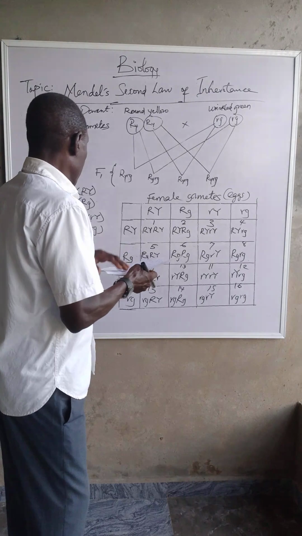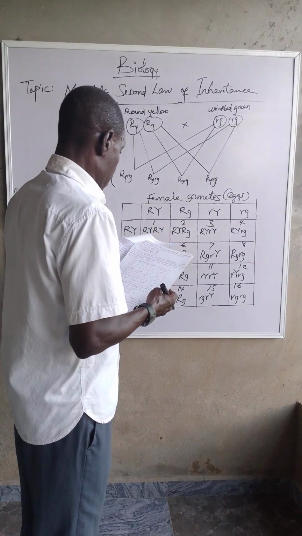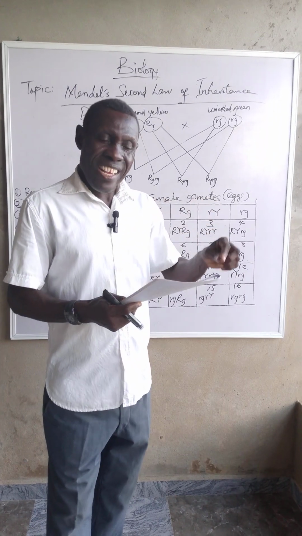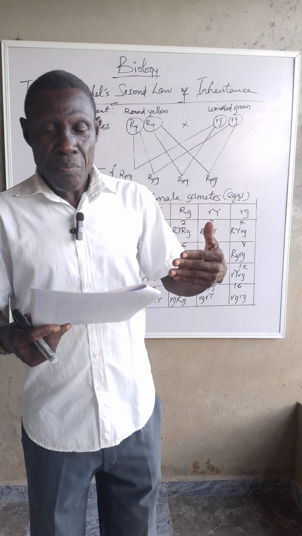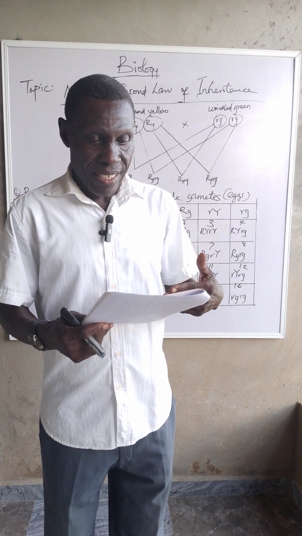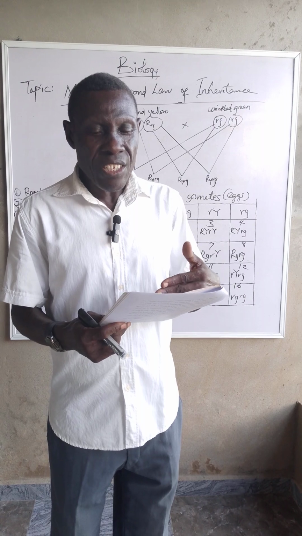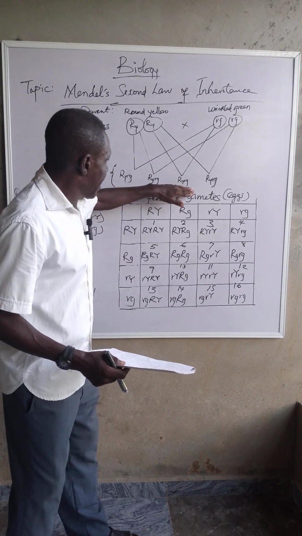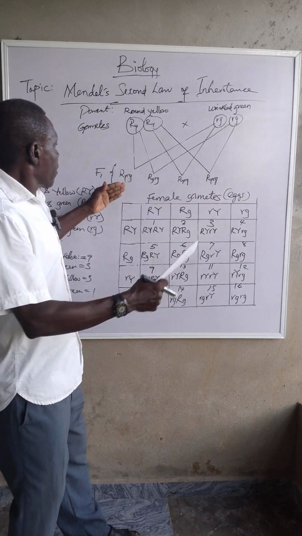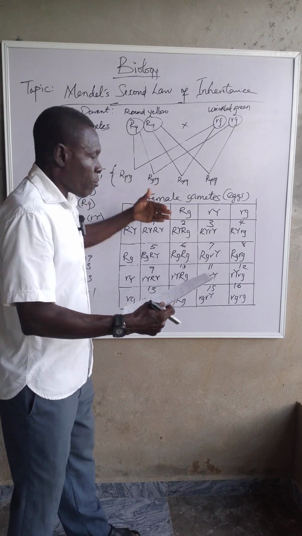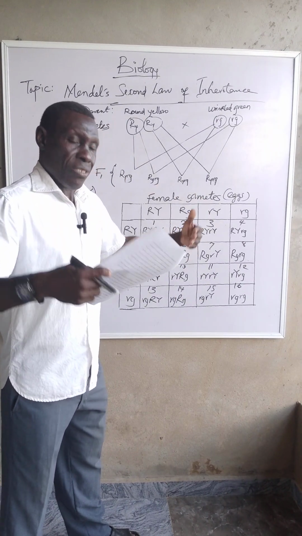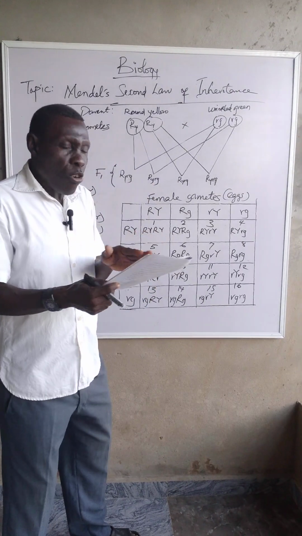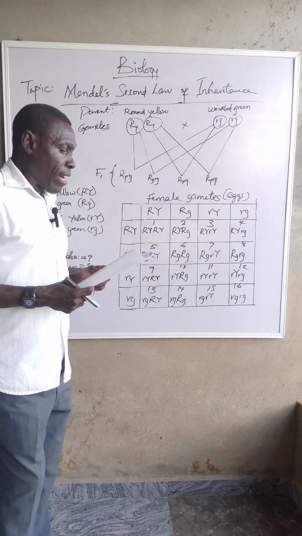Now, after seeing this, what next? According to the experiment, the first filial generation plants were self-pollinated, and the outcome of the seeds was as follows. He used them to self-pollinate, and he came to observe the following.